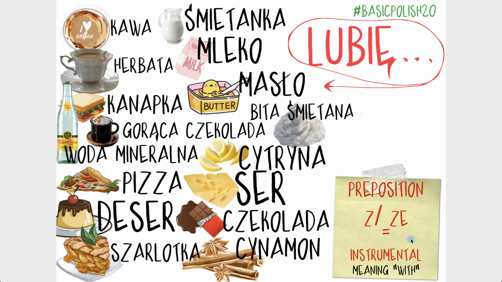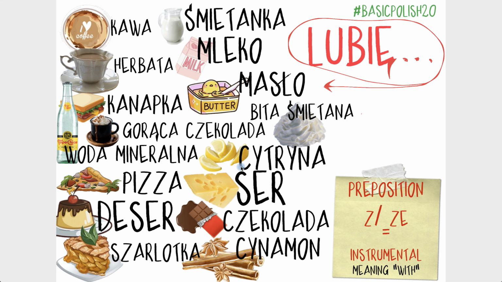So let's take a new word, cytryna, which in Polish means lemon. Cytryna, it's a feminine noun, as you can see, ending in a. With lemon in Polish would be z, and then the noun that follows z would have to be in the instrumental.